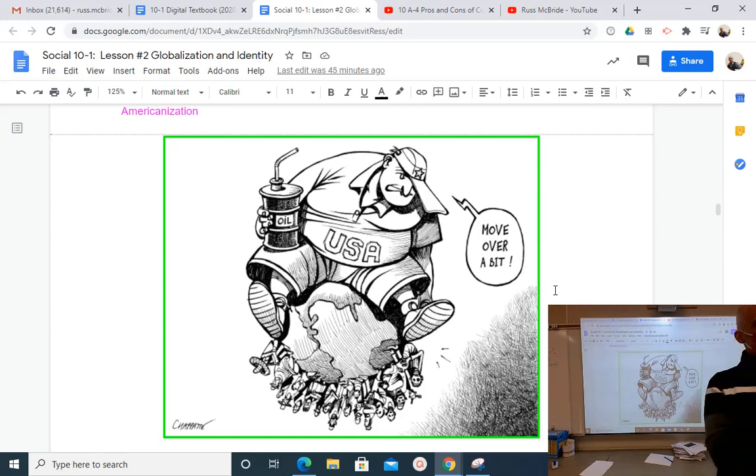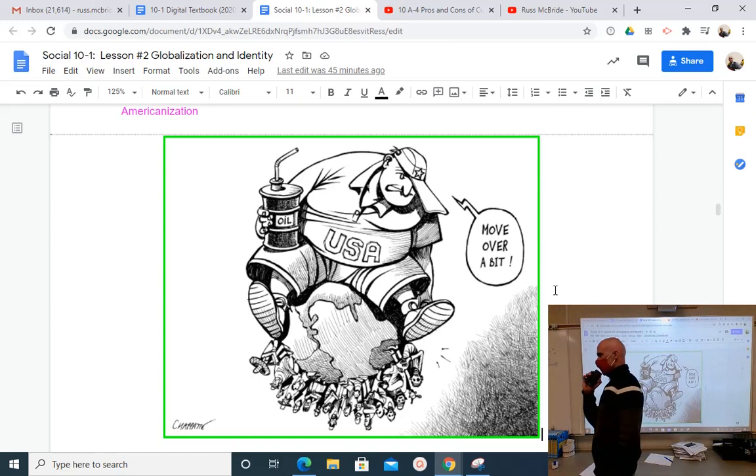So in summary, when we have cartoons, we should be able to see globalization. Here we see the consequences of connecting. That because America is connected to others, they're crowding others out. And as America connects to others, they are Americanizing.